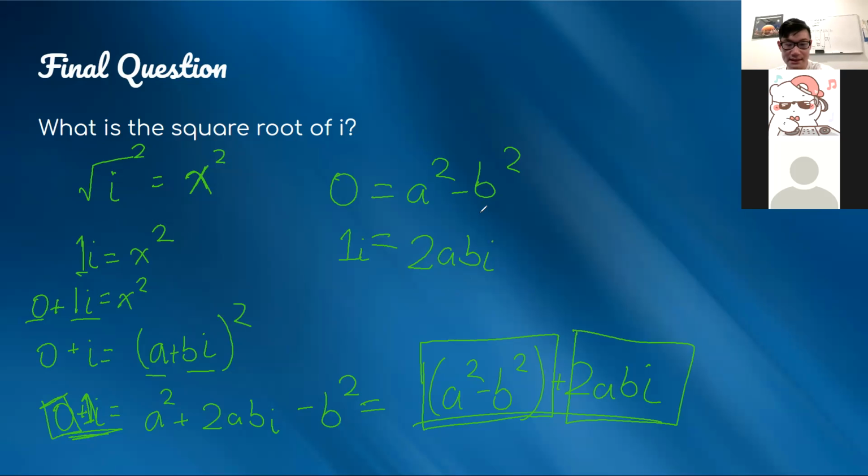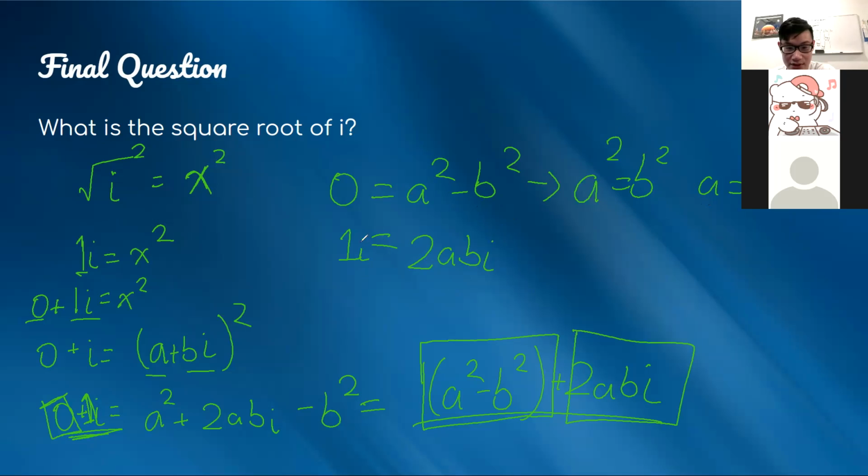And by doing this, since a squared minus b squared equals 0, we have a squared equals b squared, which means that a equals b, right? Because we just take the square root of both sides. And by using this information, we can plug this into here.